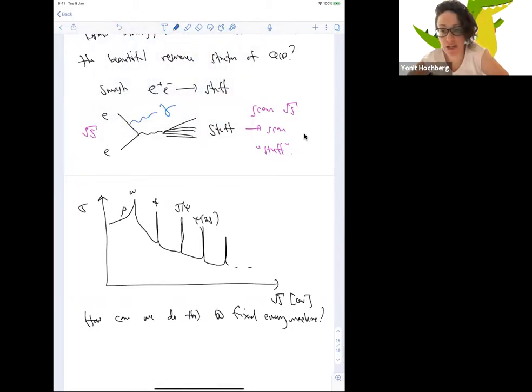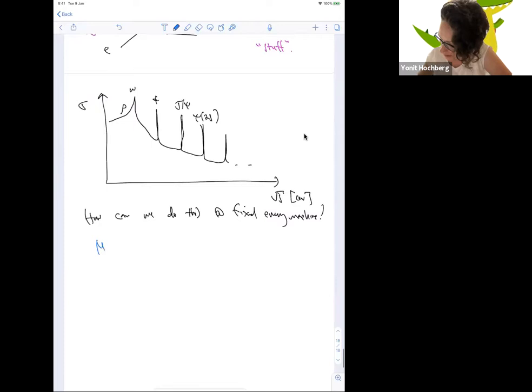Let's look at monophoton events, because in a monophoton event, the energy of that photon is in one-to-one correspondence with the invariant mass of the system that it's recoiling against. So the answer is monophotons. We add the photon, and it's exactly a tracer for the system that it recoils against.